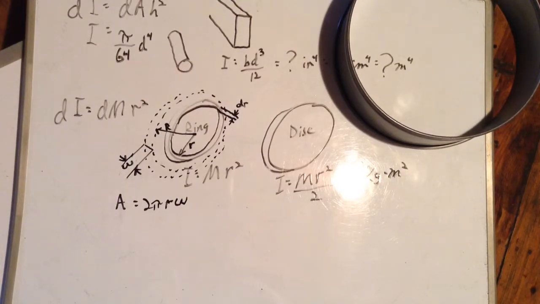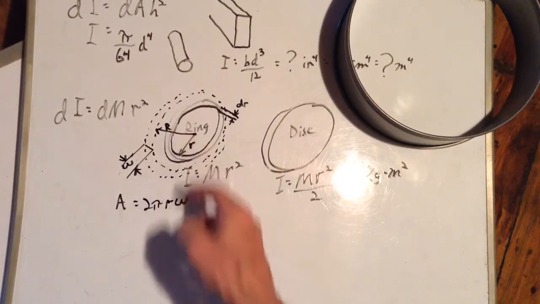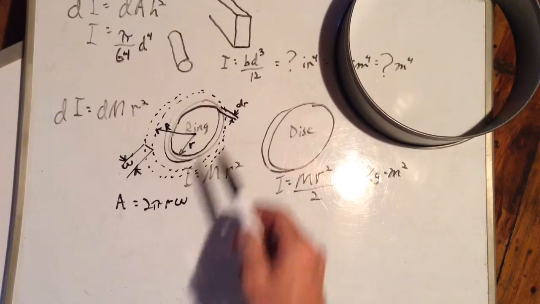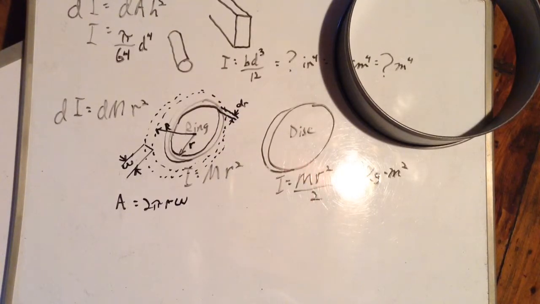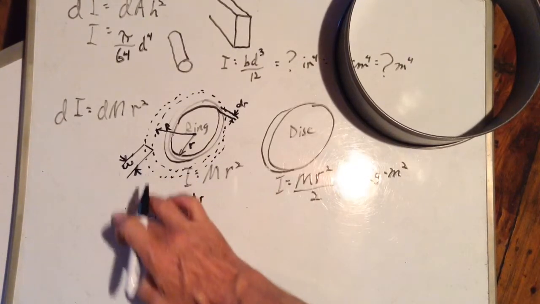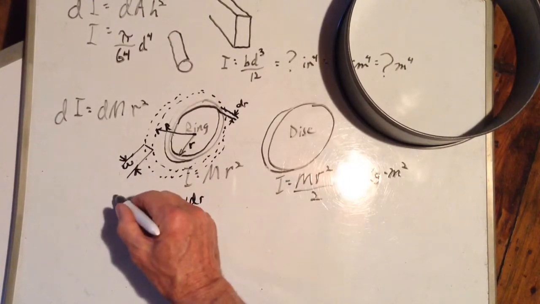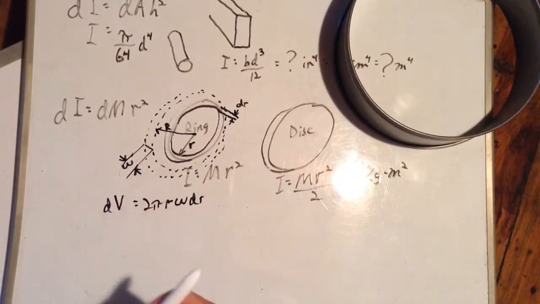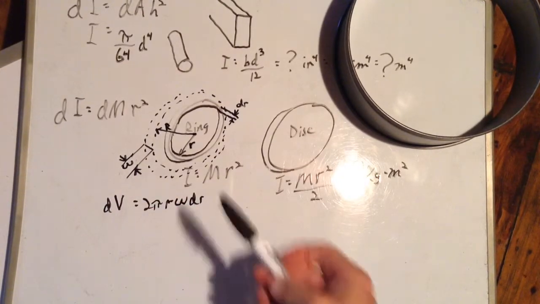The volume of this ring is equal to the area times the thickness. And the thickness is dr. So let's stick a dr on the end there. We'll change this from A to V. Actually, we should make that a little dV because this is an increment of volume.